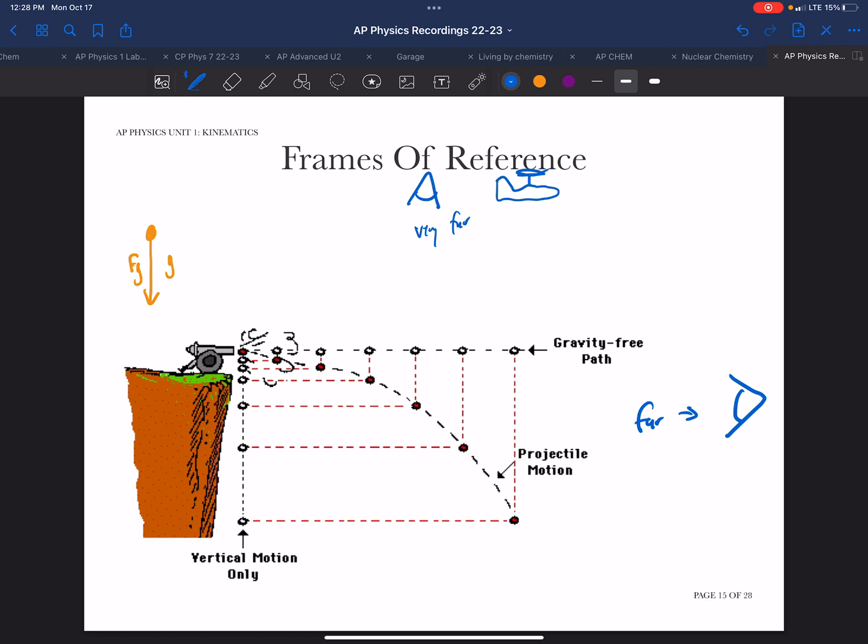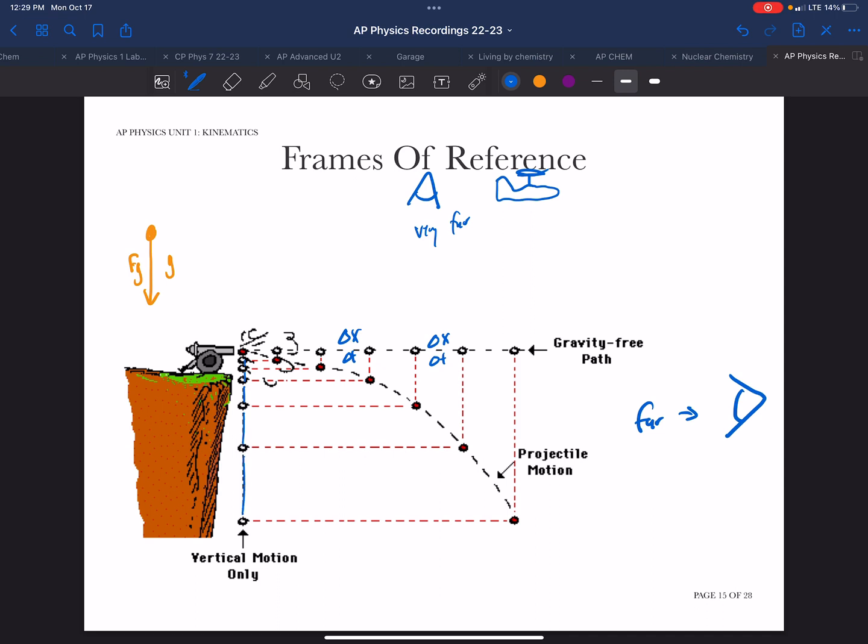What we would see from that vantage point is an object traveling at a constant speed because there is no force acting on it horizontally. Since there is no force acting on it horizontally, it will travel at a constant speed, so we can see the delta x over the delta t. The delta x over delta t remains constant, whereas vertically, we see increasing distances.